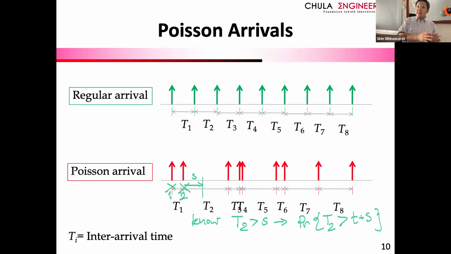Having waited s seconds, what is the probability I have to wait longer than t to see the third customer? What do you think should be this conditional distribution? Having waited s seconds, what is the probability that I have to wait t seconds longer to see the next customer?